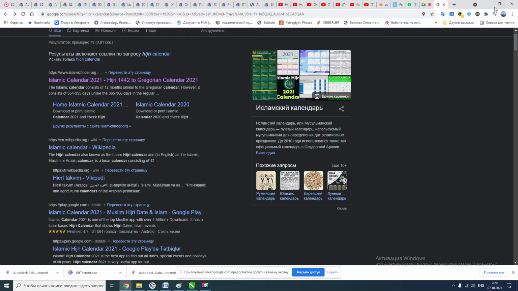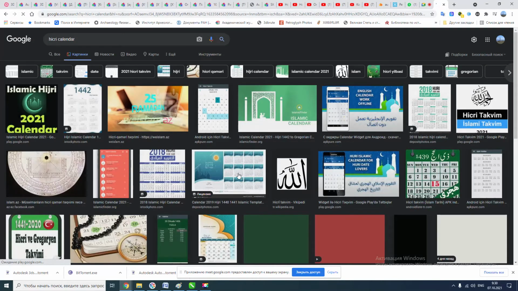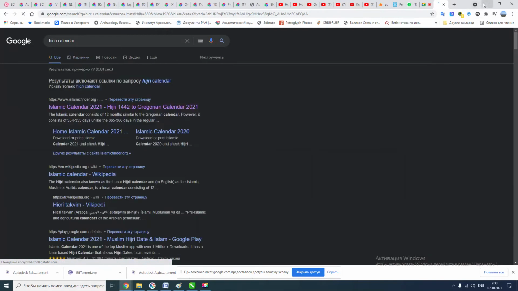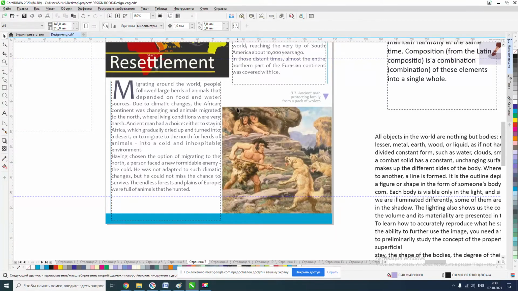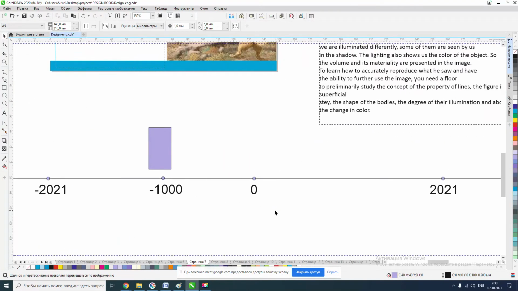Because Muhammad is the youngest, so he was born these years ago. You want to say that when we count by the Islamic, Muslim calendar, we take Muhammad's birthday.